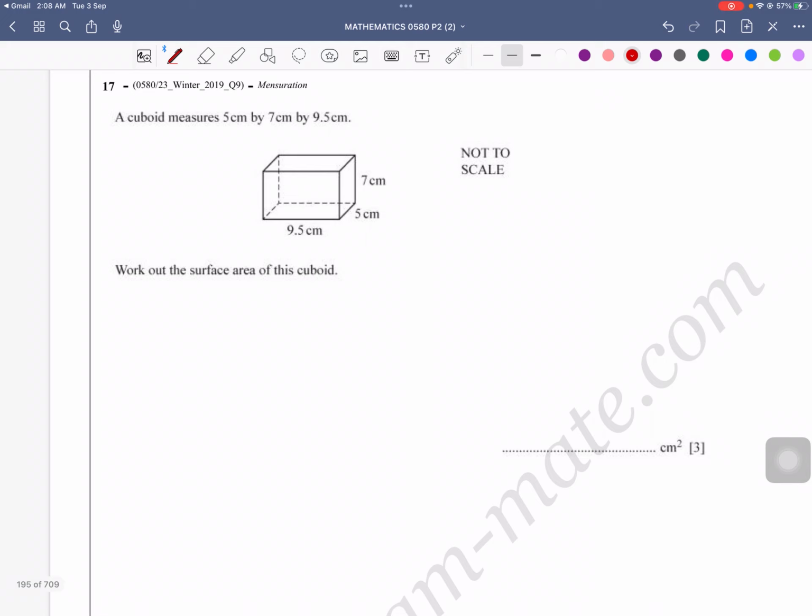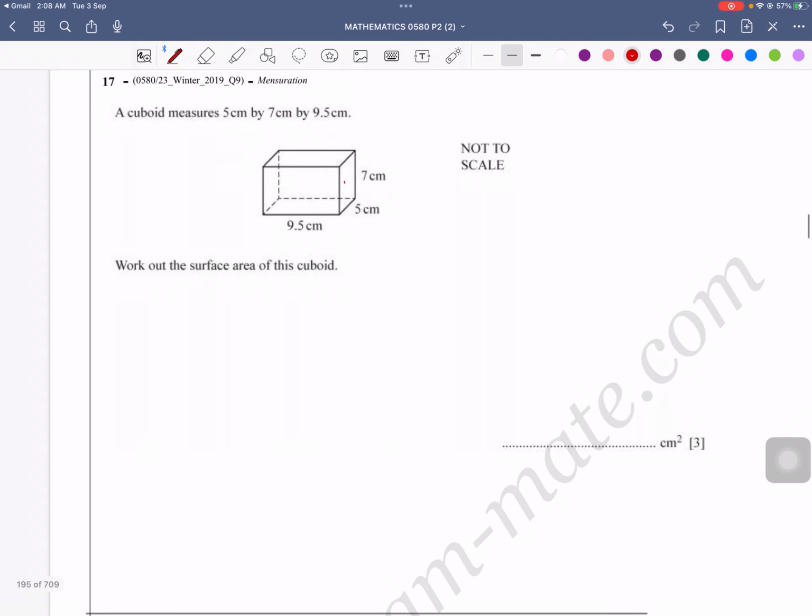Now they're asking us to calculate the surface area. The surface area is the visible area of a figure. So which squares are visible? Two of these are visible, and one of this is visible.